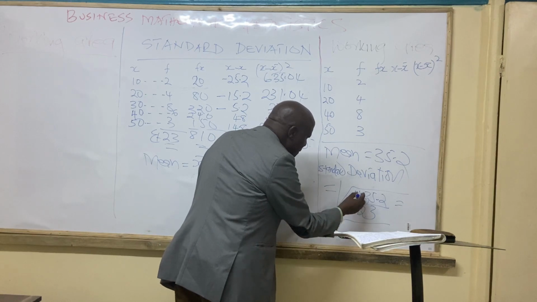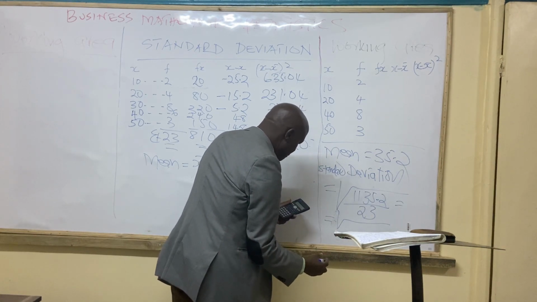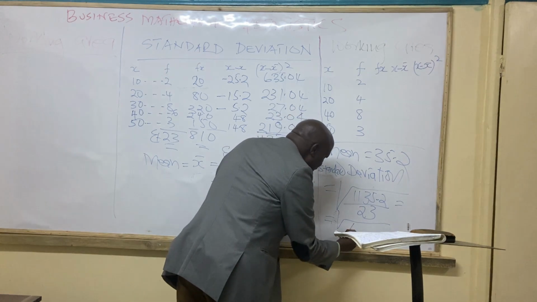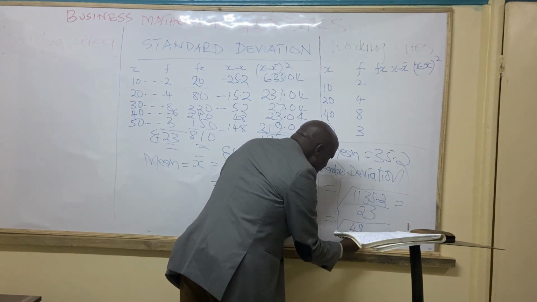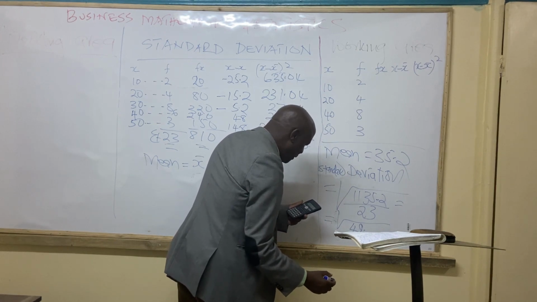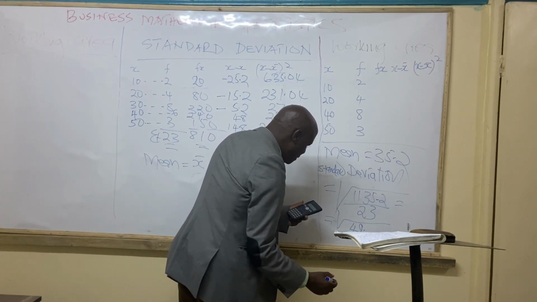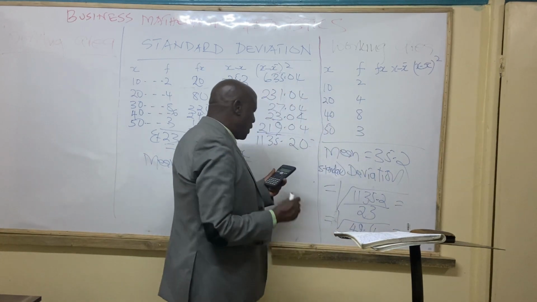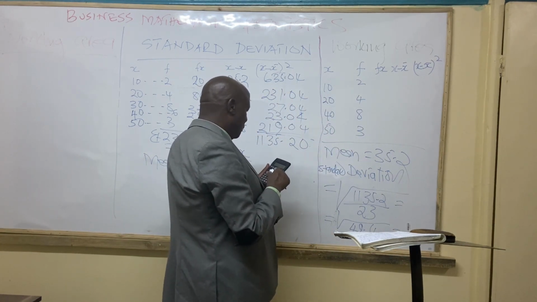When we divide this by this, we get 49.4. We take the square root of 49.4.